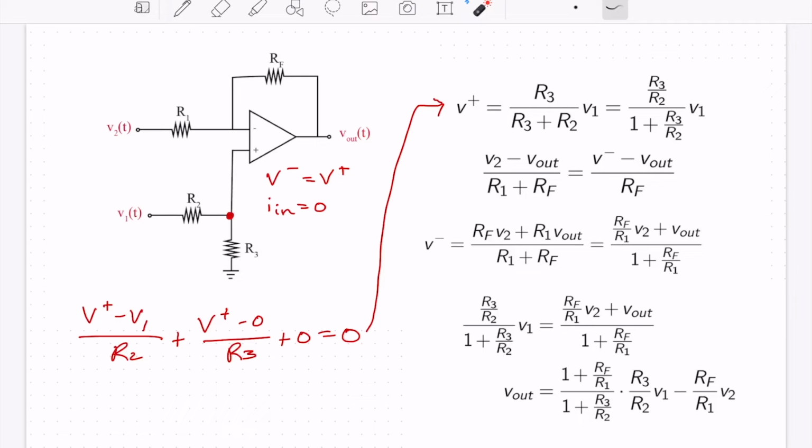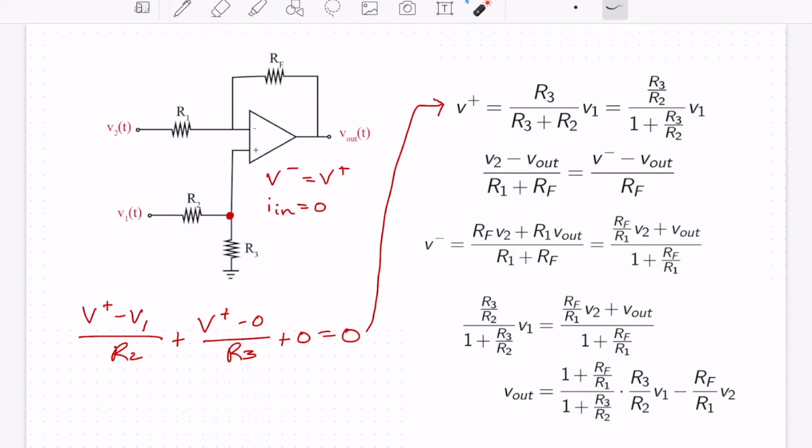I went ahead and rewrote this by dividing through by R2 because that's often the form you will see the gain of a differential amplifier written as. So that's something to keep in mind, but it doesn't matter in terms of your analysis. If you didn't know what you were doing, you could always just leave it in this form. It just changes the algebra a bit.